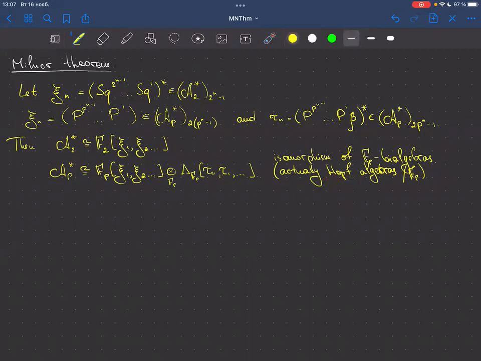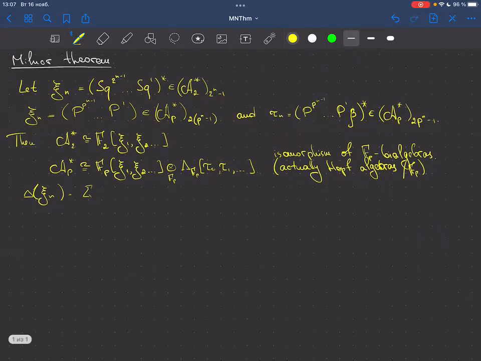Maybe I should write the co-multiplication in terms of xi n and tau n, and it is given by such a formula that looks maybe very strange, but it is actually dual, kind of dual to the Adem relations.